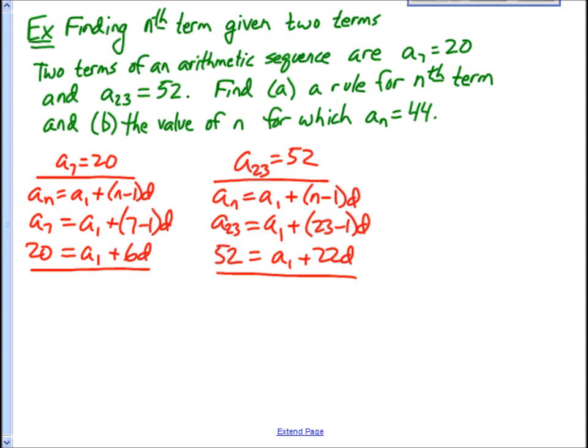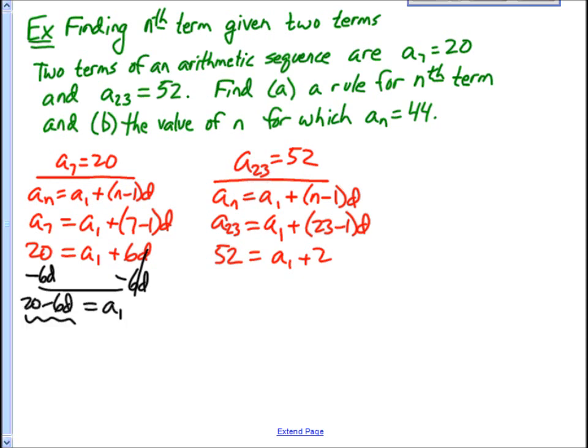So this is solvable. Let's solve this by substitution. So if I subtract 6d, both sides, you notice 20 minus 6d is a1. a1 is 20 minus 6d. So let's go ahead and plug that in for a1.